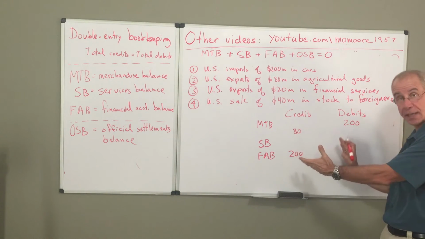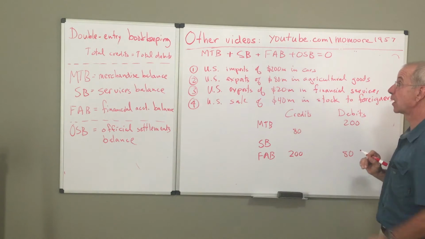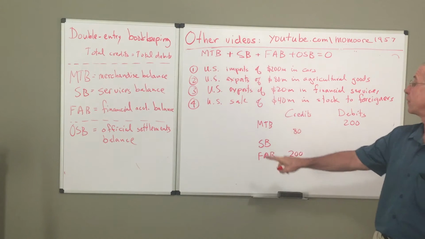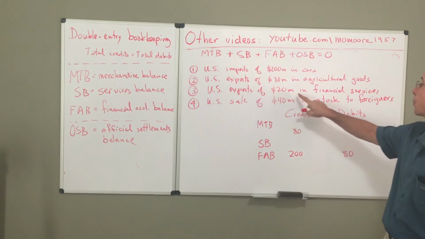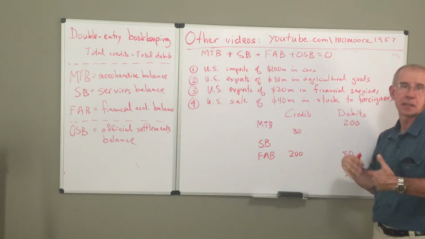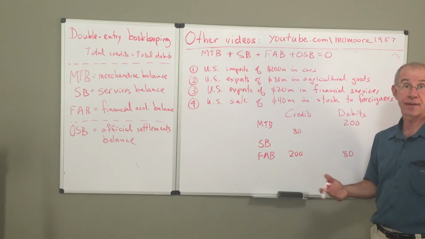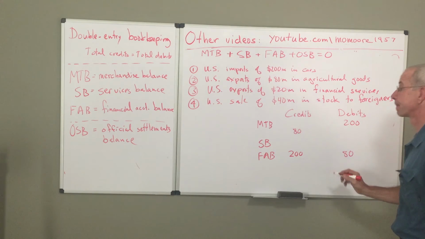So each one of these two goods transactions has both a credit and a debit of equal value. Then we've got U.S. exports of $20 million in financial services. This is not an asset; it would be, for example, a bank or insurance company providing services to foreigners.